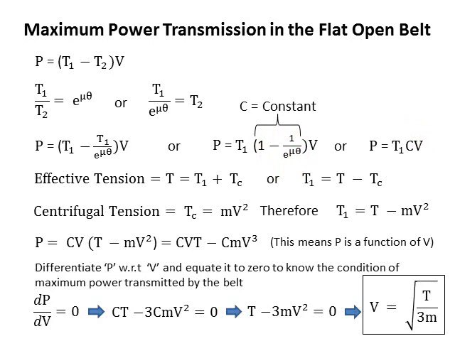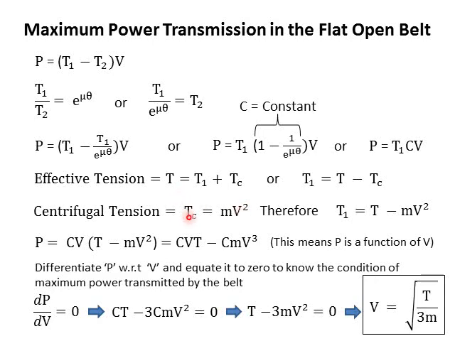As we know from the earlier slides, the effective tension is T1 plus Tc, or if we move Tc to one side, T1 becomes equal to T minus Tc. We also know that Tc, the centrifugal tension, is equal to the mass per unit length m into the linear velocity squared.